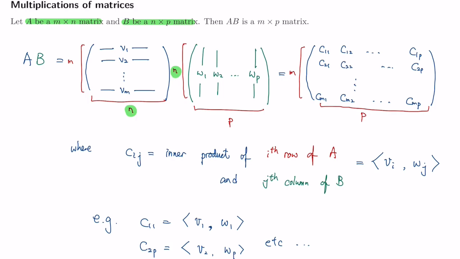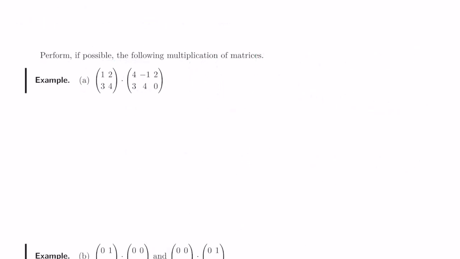Of course, if we write it in such a way, it's a very messy way, so it's a lot easier when we get to some concrete example, and that is what we're going to do on the next page. Let's look at an example. They ask you to perform, if possible, the following multiplication of matrices. I have two matrices. The first one is a 2 by 2 matrix.